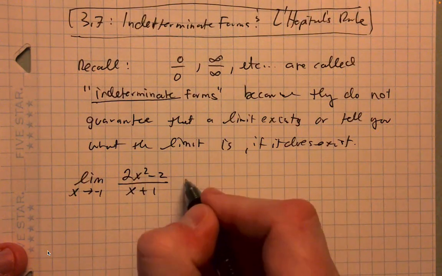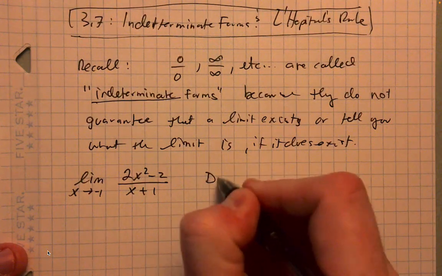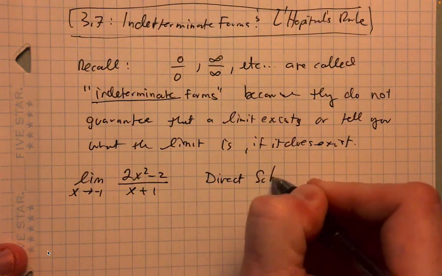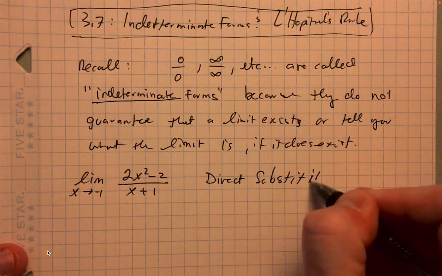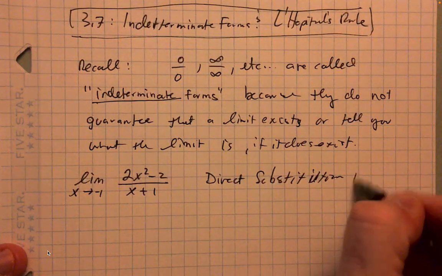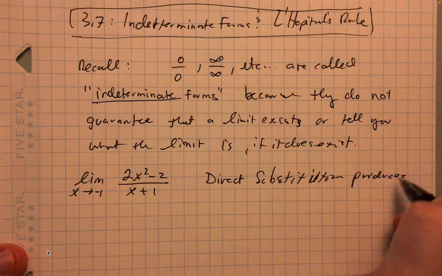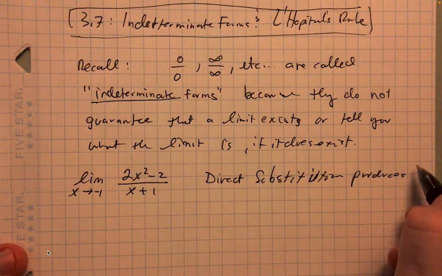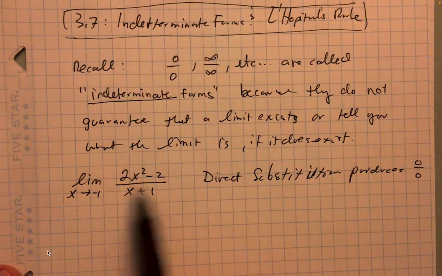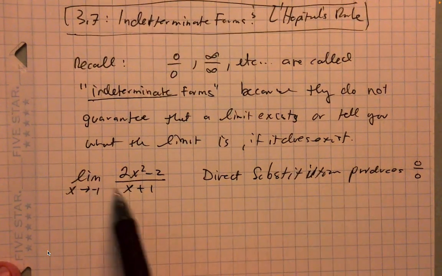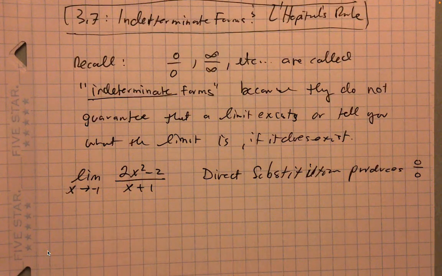Well, if you try that, direct substitution produces the indeterminate form of 0 over 0, because you would get 0 on the bottom and 0 up top. And so evaluating this in a direct way doesn't really help us.